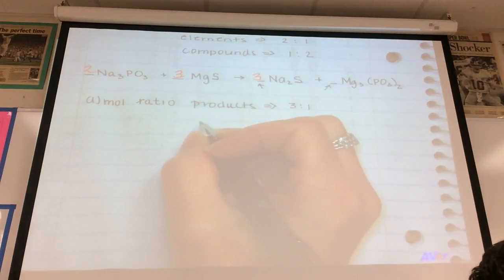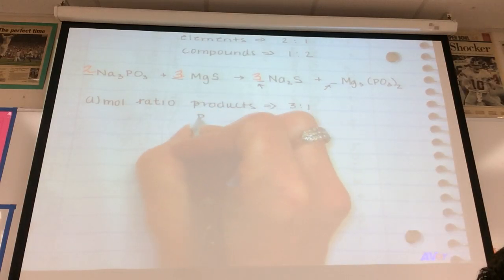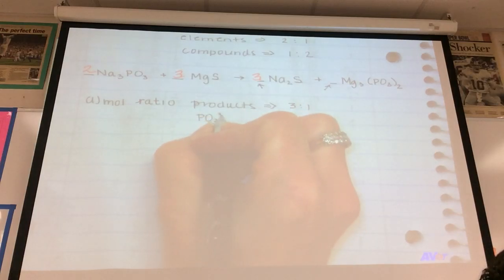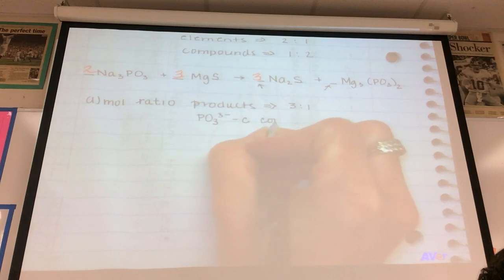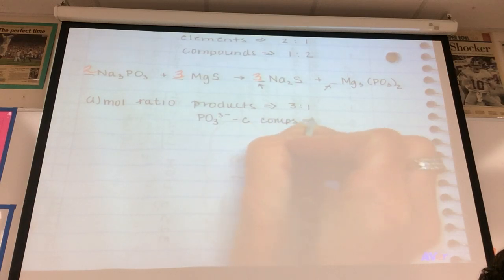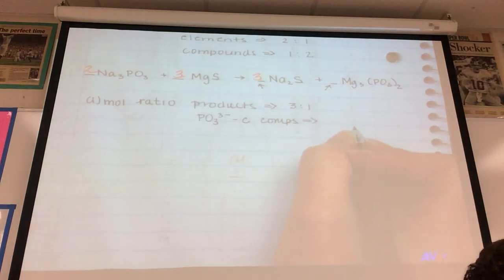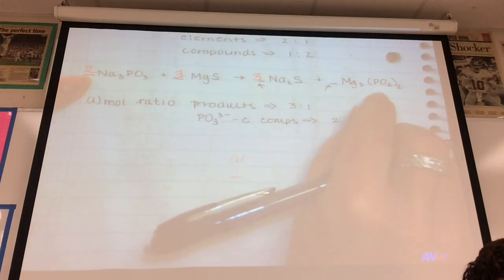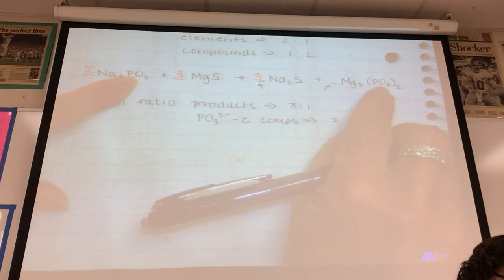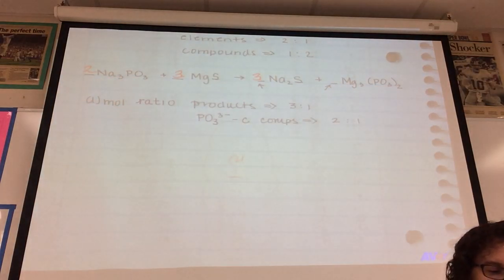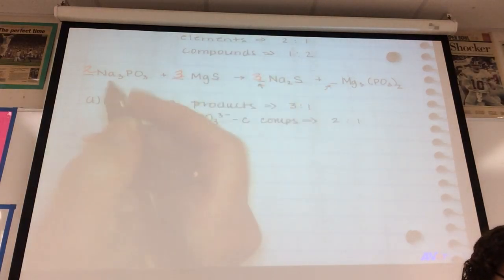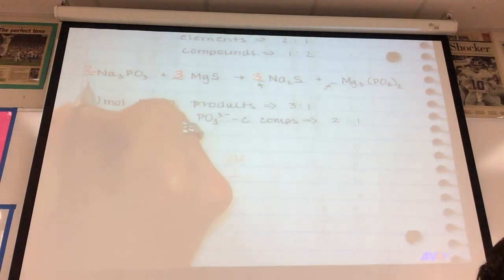What's the mole ratio of phosphate-containing compounds? 2 to 1 is correct. You look at the two compounds that contain phosphide ion coefficients. All right? You've got 35 points worth. The only other thing I might ask you is to classify double replacement.